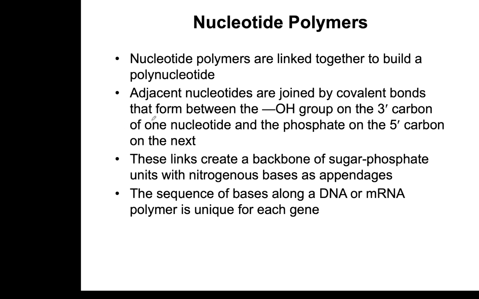You can easily understand this structure when you see the diagram. These links create a backbone of sugar phosphate units with nitrogenous bases as appendages. The sequence of bases along a DNA or a messenger RNA polymer is unique for each gene. M means messenger RNA.